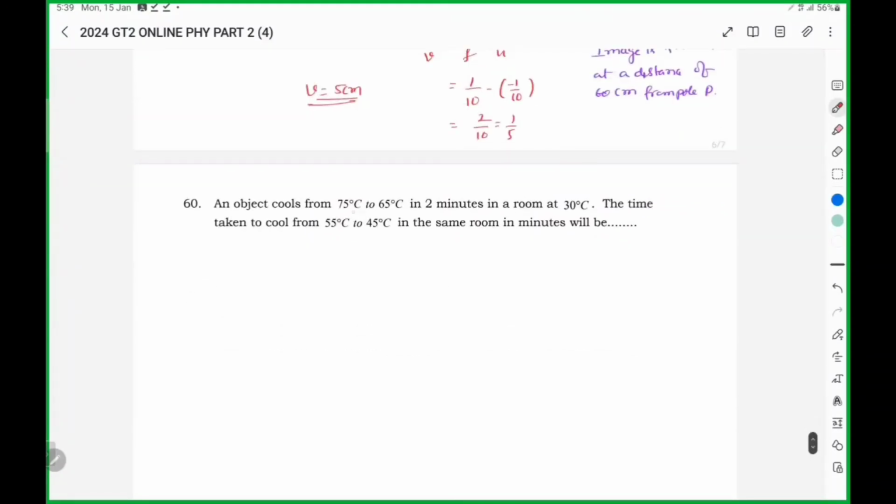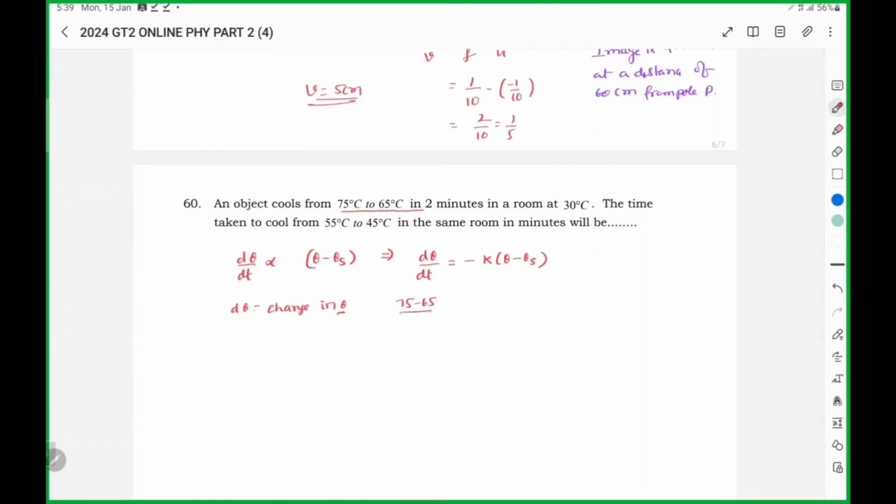So this type of problems uses Newton's law of cooling. The rate of fall of temperature is directly proportional to the difference of the temperature at that time and the surroundings. So d theta by dt is, d theta here is the change in theta, that is 75 minus 65.